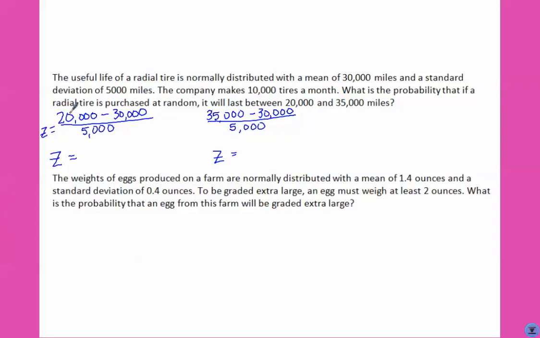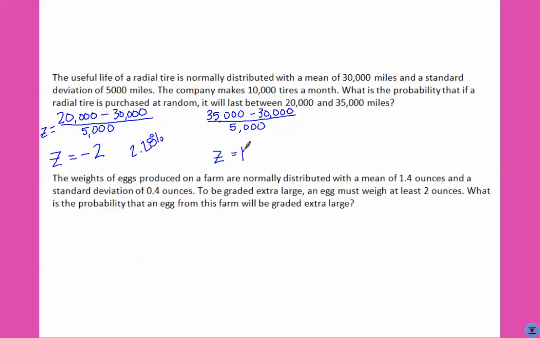So 20,000 minus 30,000 is negative 10,000, divided by 5,000 is negative 2. 35,000 minus 30,000 is 5,000, divided by 5,000 is 1. You can use your empirical rule to look this up. You can also use your z-score chart. If you look for negative 2.00, you get a percentage of 2.28%.